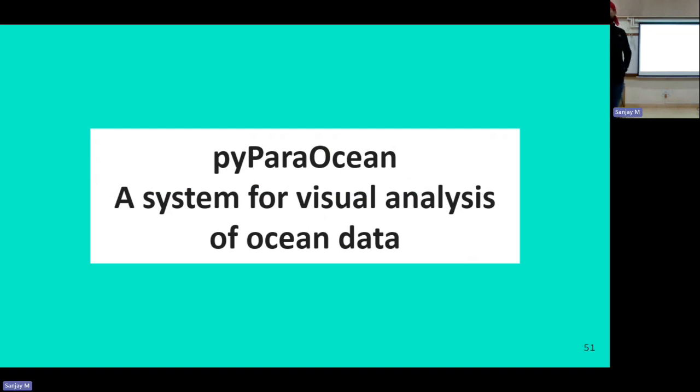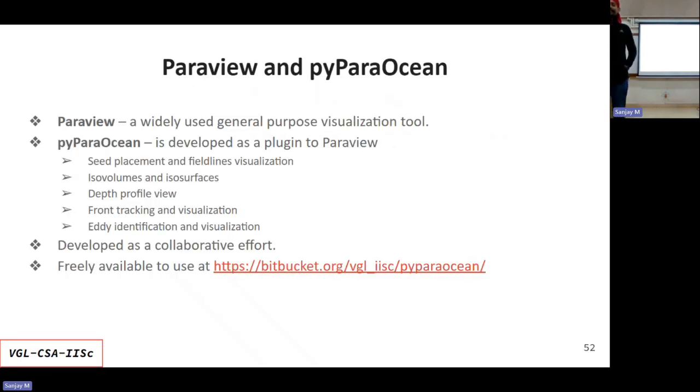So the last is where we present this fast implementation as a simple GUI filter on PyPyRocean. PyPyRocean is a system which our team designed for visual analysis of ocean data. It's a collaborative effort. It's a plugin to ParaView.